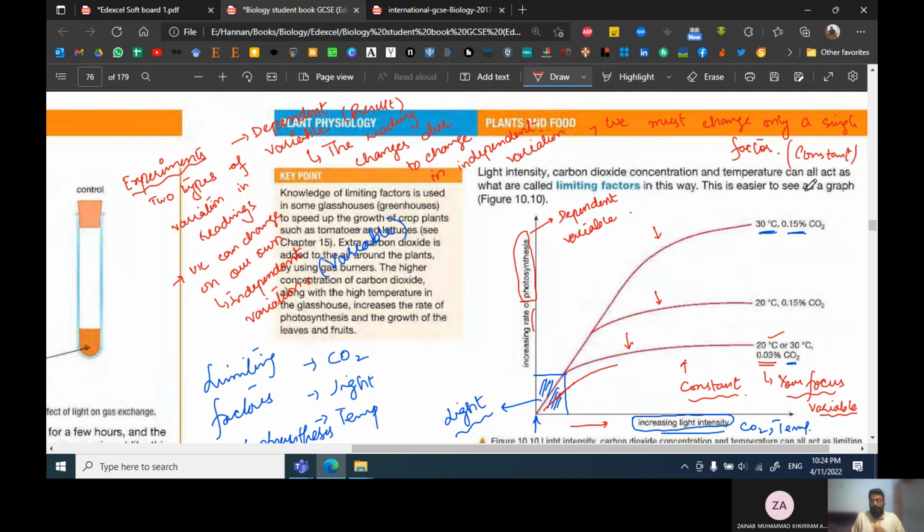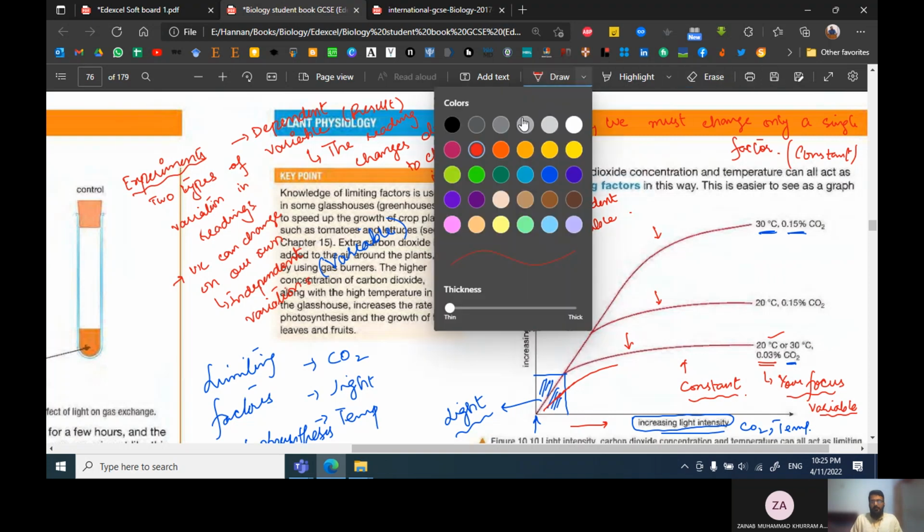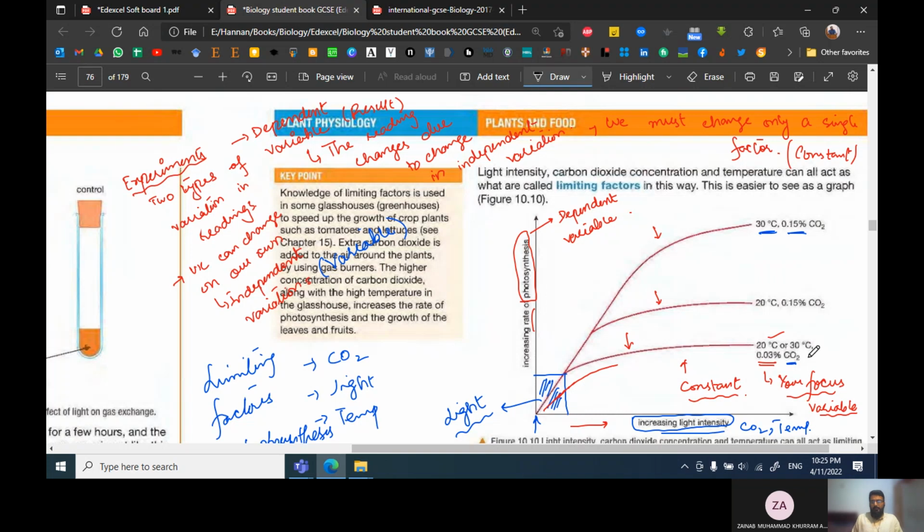So let me tell you. If you are giving the plant 30 degrees centigrade, then the temperature is constant right now. So do not assume the 30 degrees centigrade. Let's hide it. You have given the plant 20 degrees centigrade temperature and 0.03% of carbon dioxide.